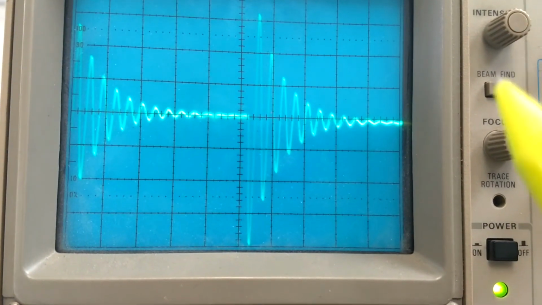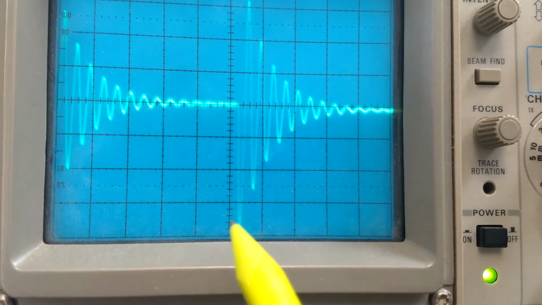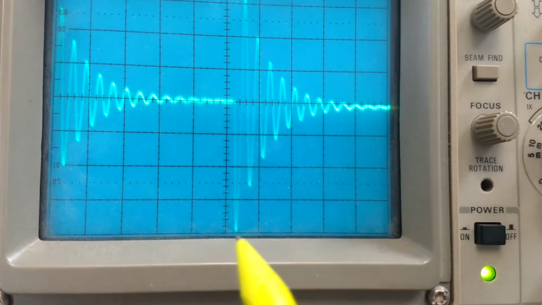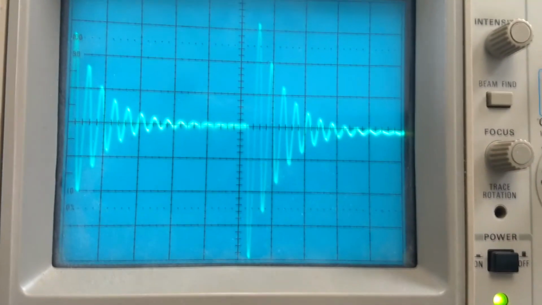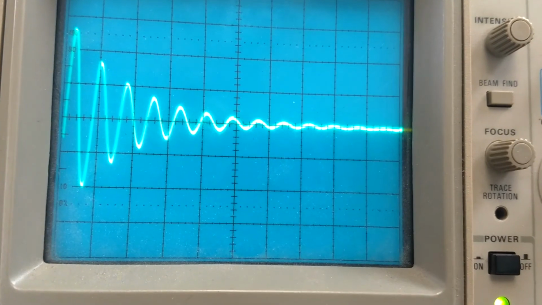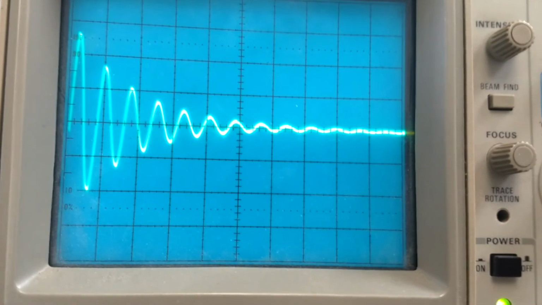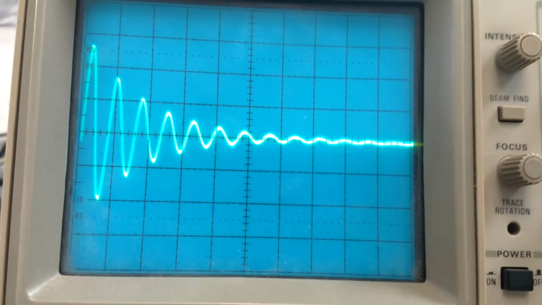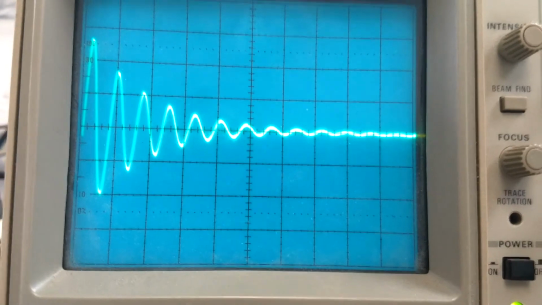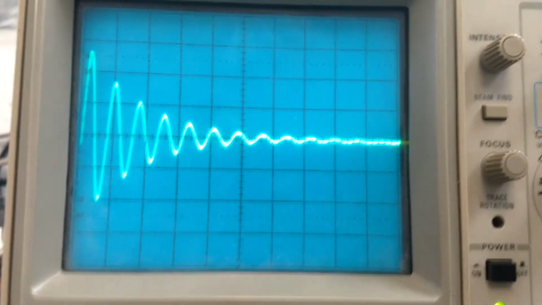And then when the square wave goes in the opposite direction, we're taking off here in the other direction. So this is sort of acting like a bell being hit with a hammer, and the circuit is ringing at its natural frequency.